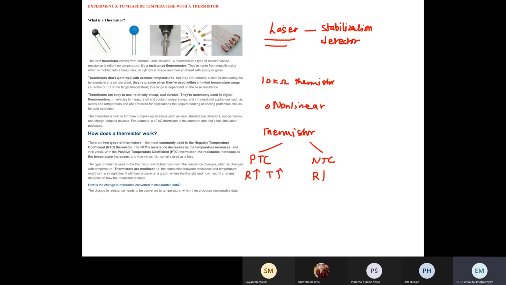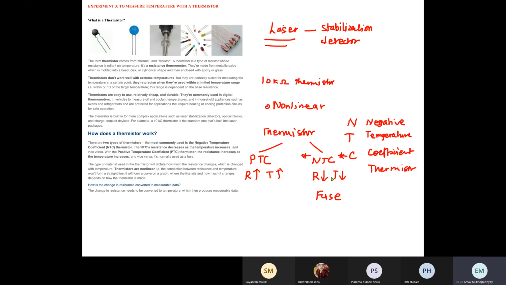But in negative temperature coefficient device, resistance goes down as temperature goes up. And this NTC or negative temperature coefficient thermistor is very popular. This device is also used as a fuse, an automatic fuse.